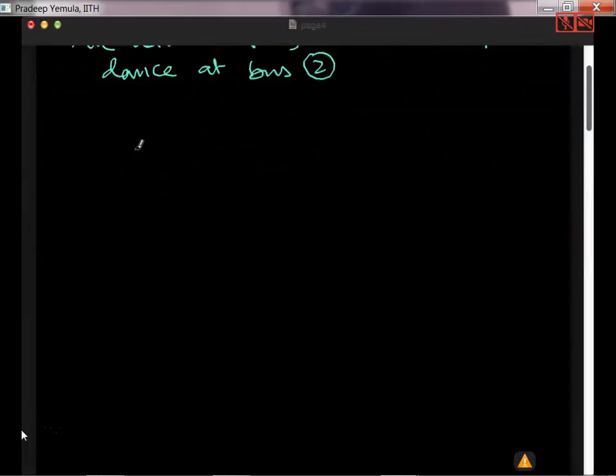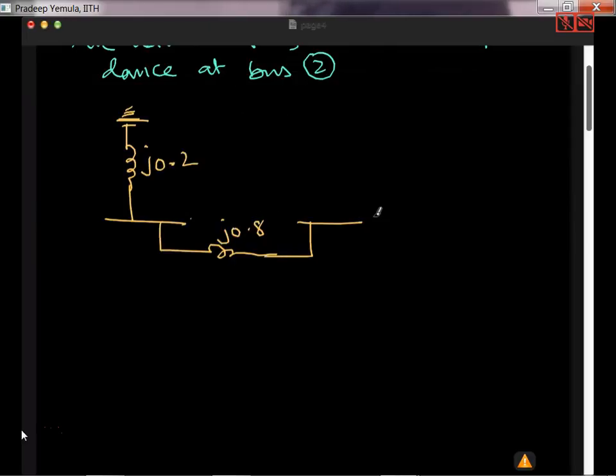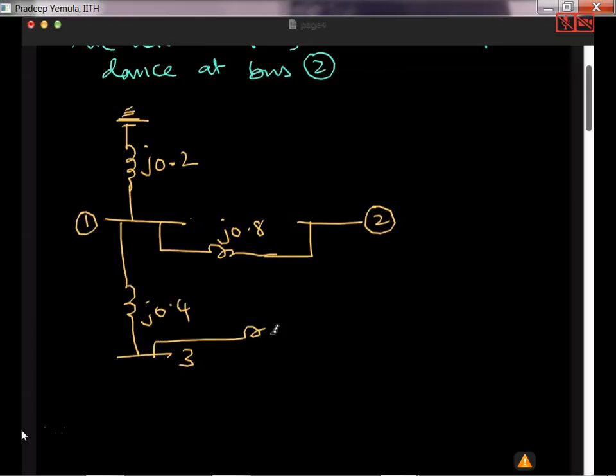I hope by now you already remember the circuit. So here this is J0.2, and then this is J0.8, and then here I get bus 2, this is bus 1 and bus 3, J0.4, here we have bus 3 and then J0.4 is here and J0.4 again here.